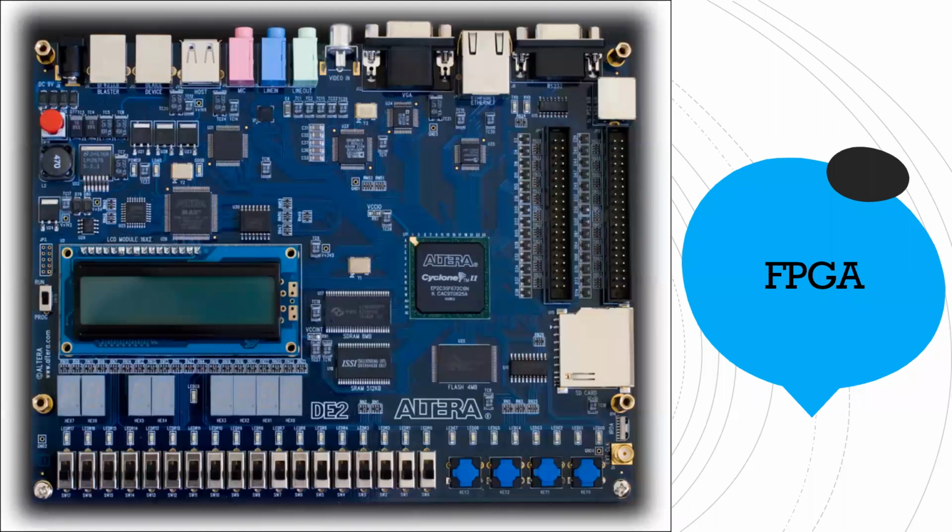Next one is FPGA. Now the whole board is not the FPGA, only this part is the FPGA, the chip here. This looks like a motherboard, but actually it is not. This is an FPGA board. In this FPGA board, you have multiple inputs. These are all slider buttons. These are all push buttons. These are all LEDs.